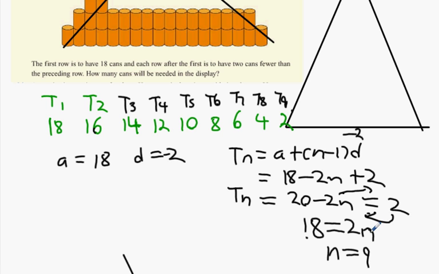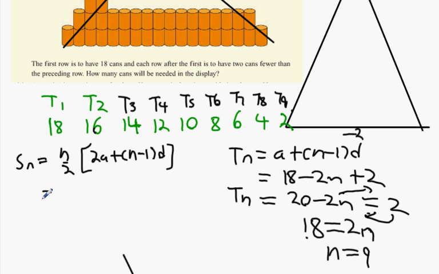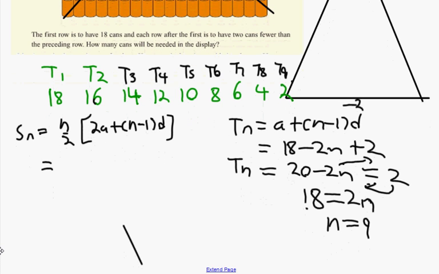Now, what's going to happen next, guys, is you know that n equals 9, so that means you're looking for S9, which is all of these added up together. So Sn is n over 2 times 2a plus n minus 1 times d. What's 9 over 2?